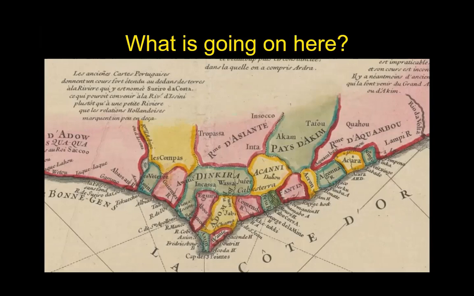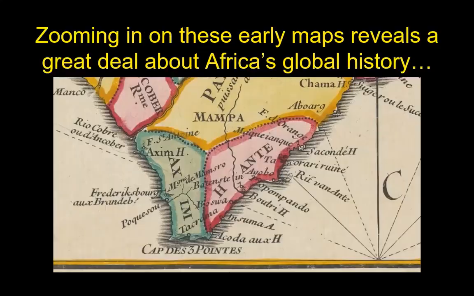In this case, the French started to label and even paint some of the borders of constituencies they thought existed at the time. Here's where the collaboration of African historians is absolutely essential, because some of these names and places are inaccurate and need to be revised on the best understandings that are available from African historians. But you can see how this is an aspect of Africa's global history.